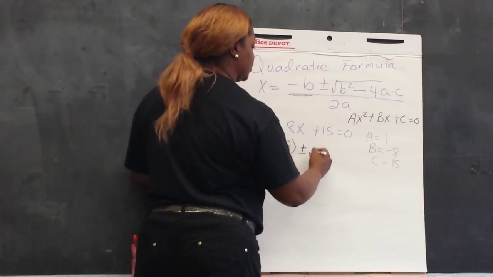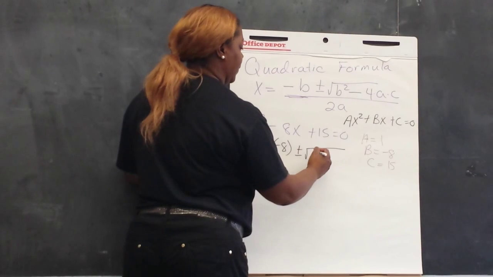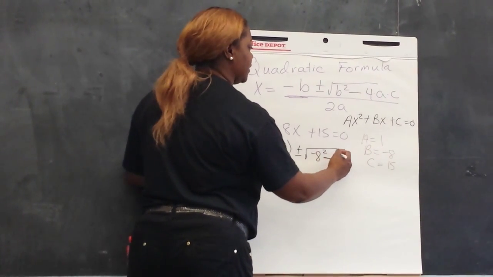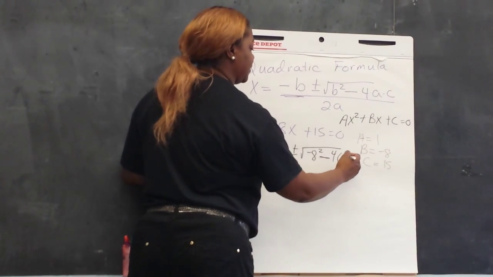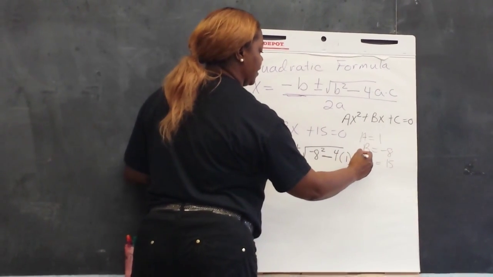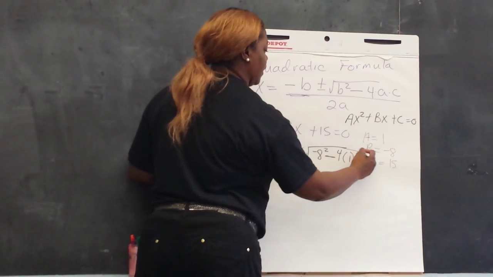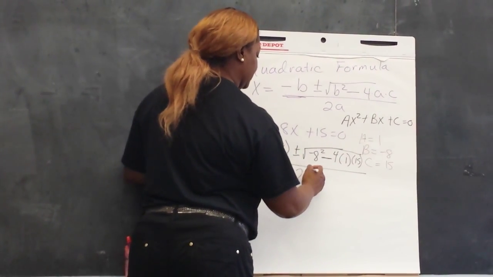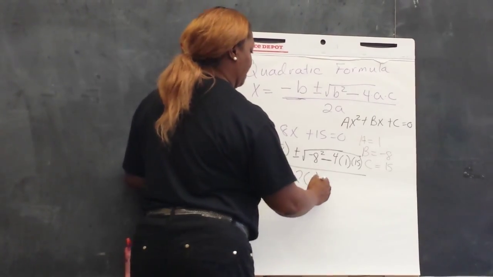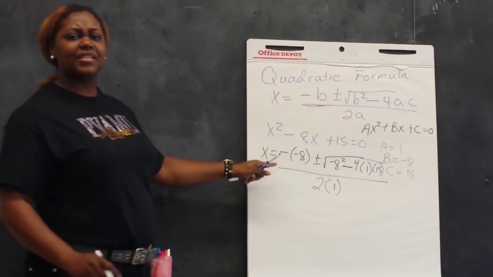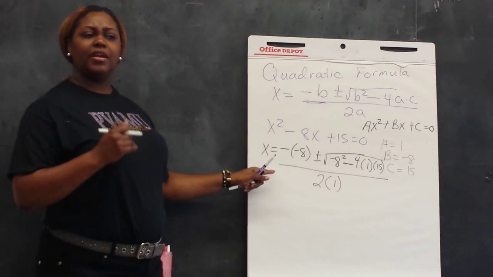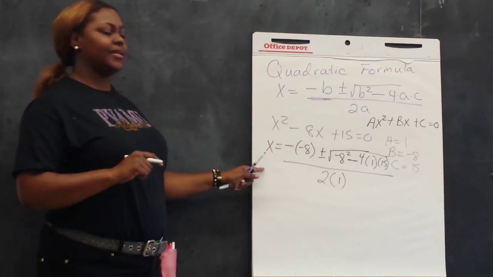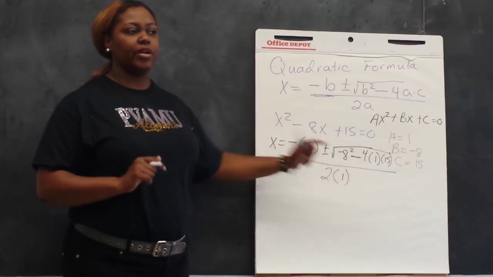Plus or minus the square root of negative 8 squared minus 4 times 1 times 15, all over 2 times 1. So all this is substituting into the given equation.